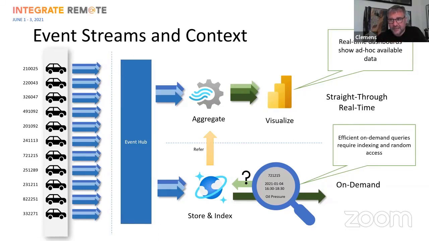Because if you store technical data and you want to do some postmortem on, let's say, an engine problem that a particular car has, then you will say, hey, I have car 721215, and I've had an engine problem with it. What was the oil pressure at this particular point in time?